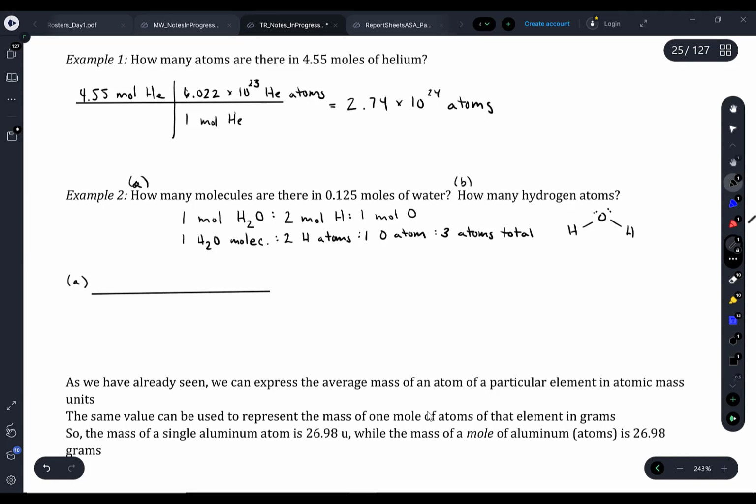So for part A, I'm saying how many molecules are there in 0.125 moles of water.